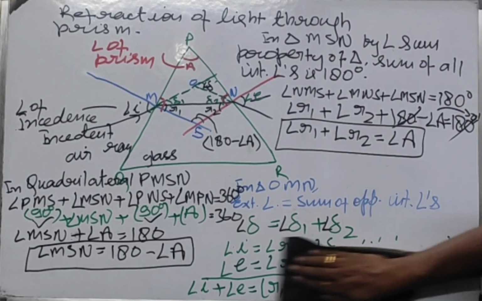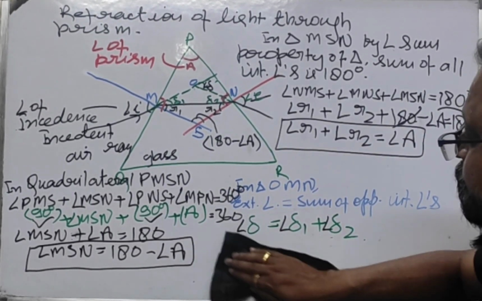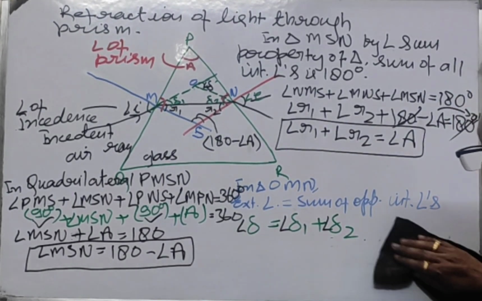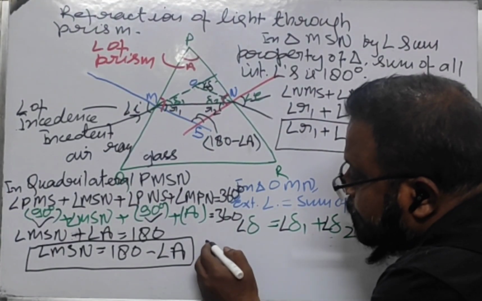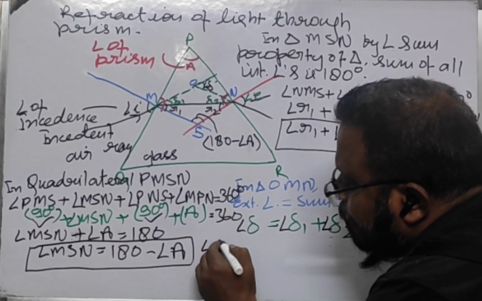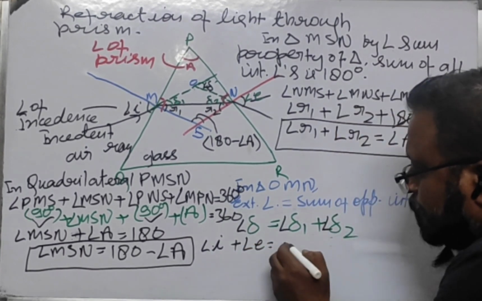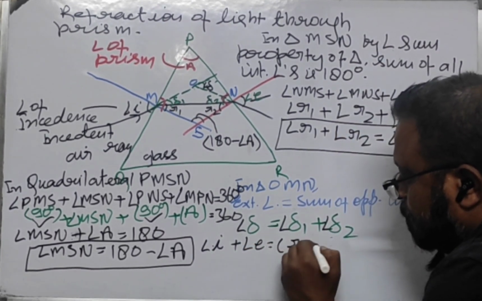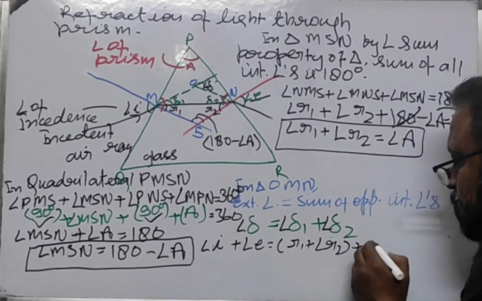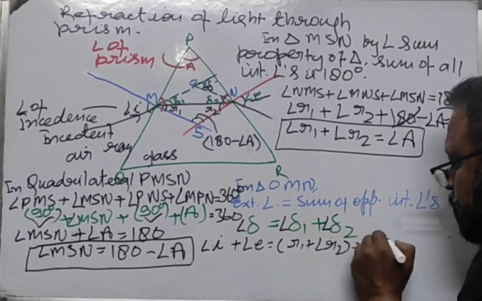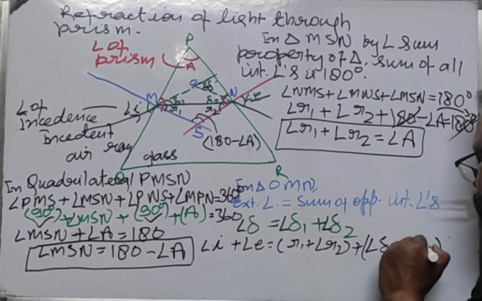So if I write angle of incidence plus angle of emergence is equal to angle R1 plus angle R2 plus angle of deviation 1 plus angle of deviation 2, right?